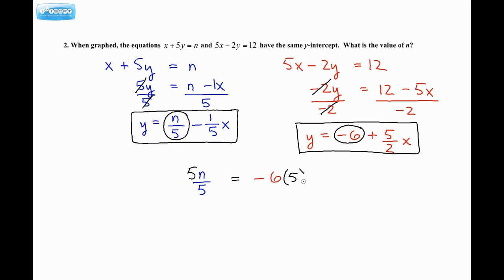I need brackets here. I don't need them here. All right, so 5 over 5 just becomes 1 over 1, so I'm left with n. And we get -6 times 5, -30. So we are done.